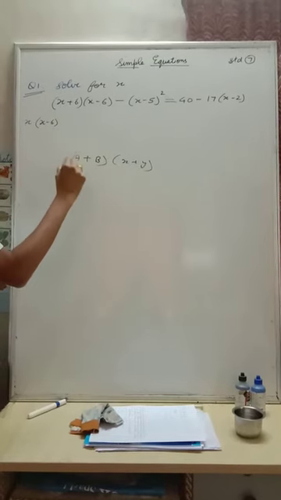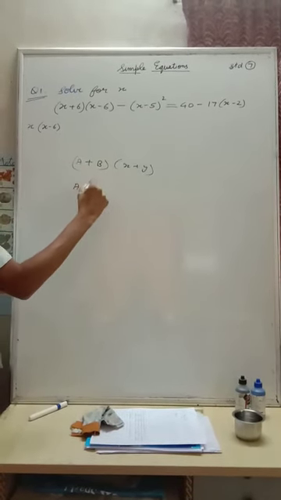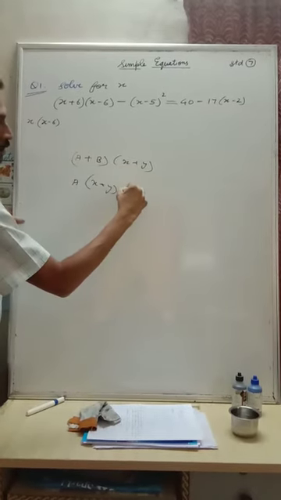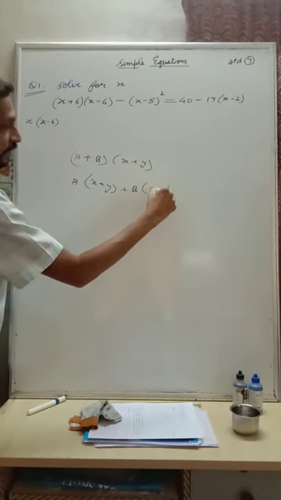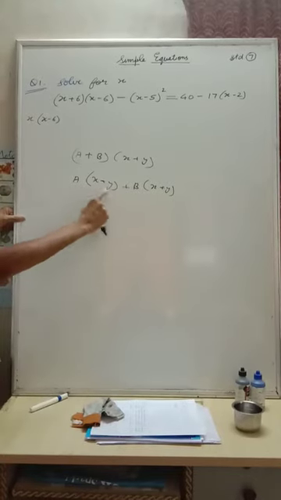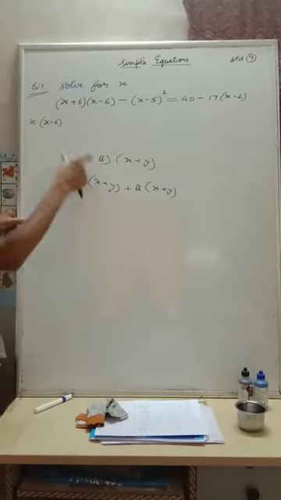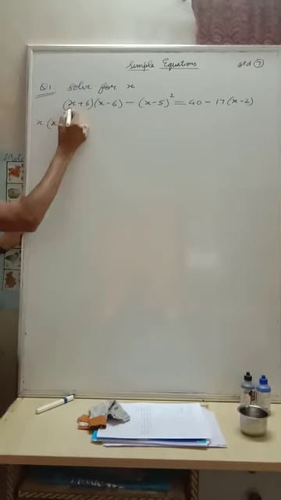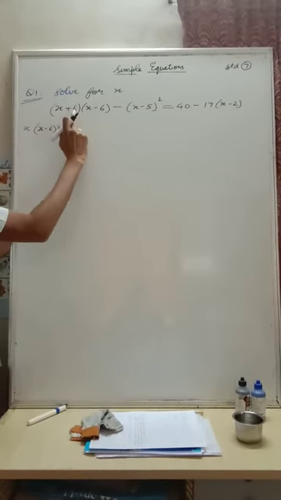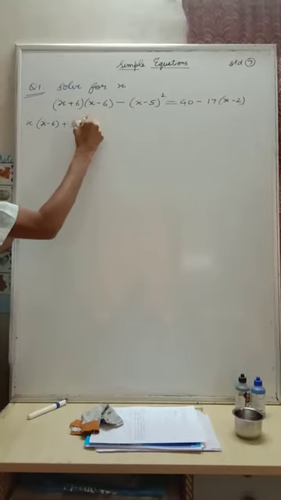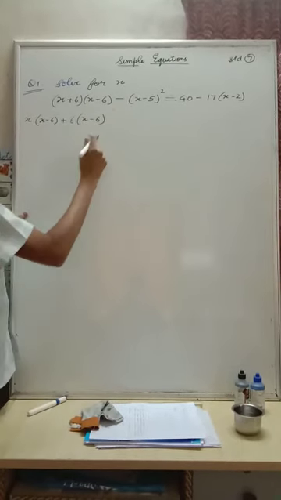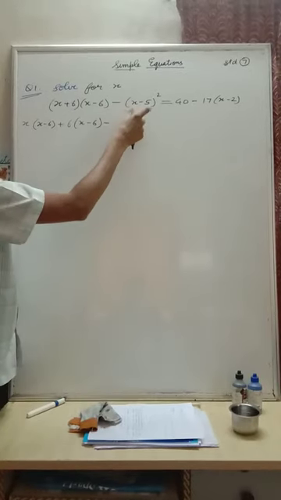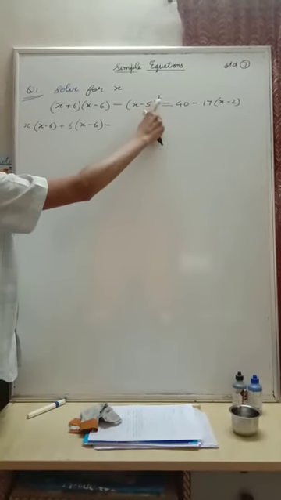The first term of the first bracket into the second bracket, a into this bracket plus b into this second bracket, and then you have to multiply and open the bracket. This is what I am going to do over here. So x into x minus 6 plus the second term, that is 6 into bracket x minus 6, then minus. Friends, be cautious over here, this is minus a minus b whole square.